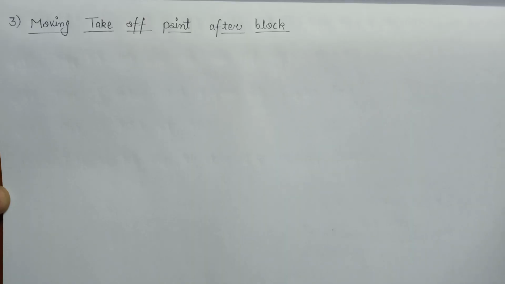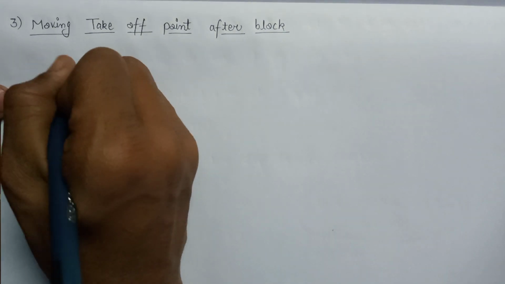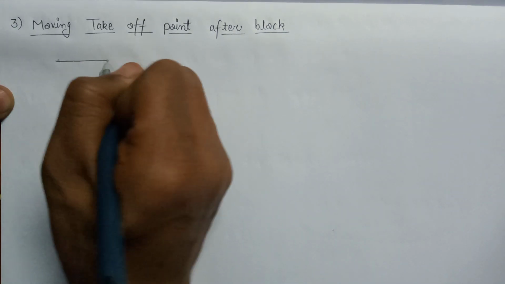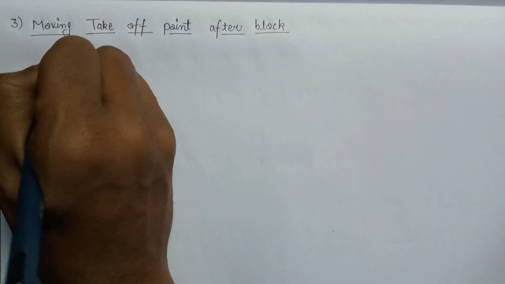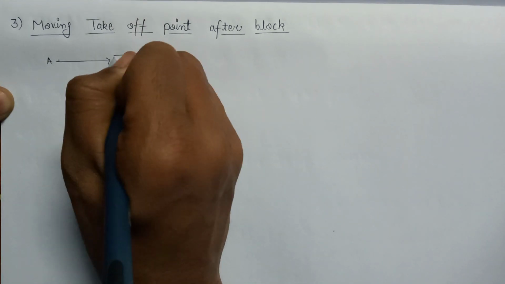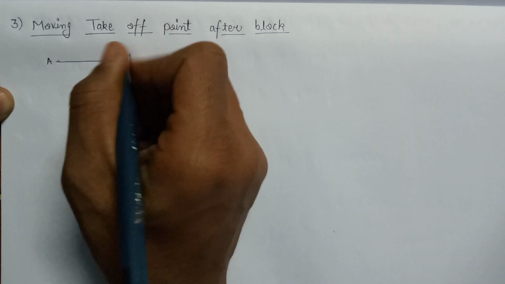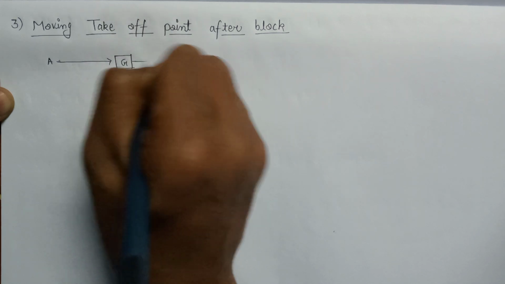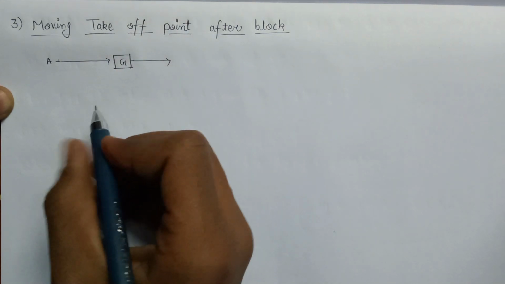Let us discuss rule number 3, that is moving the takeoff point after the block. So have a look at a block diagram in which the input A is applied to the gain G and it is the output.